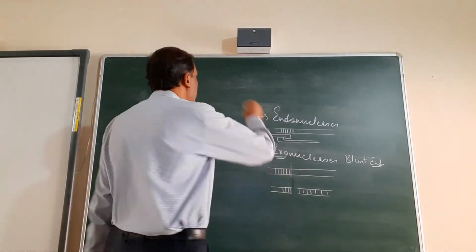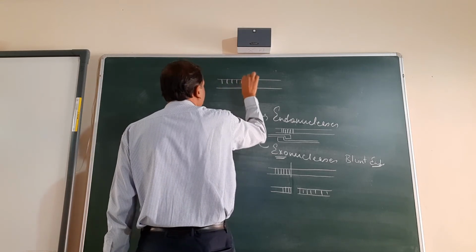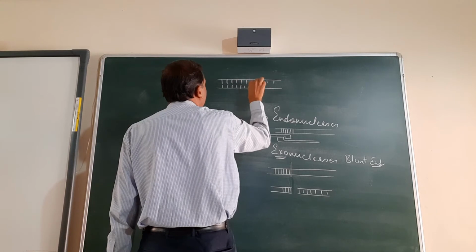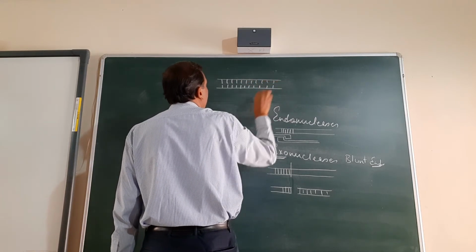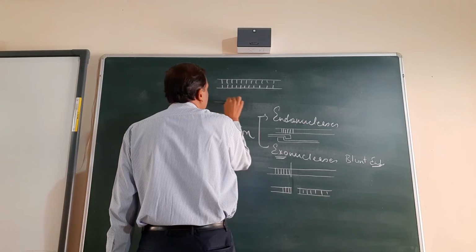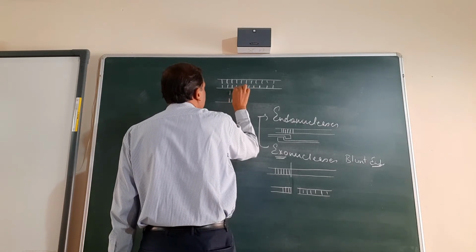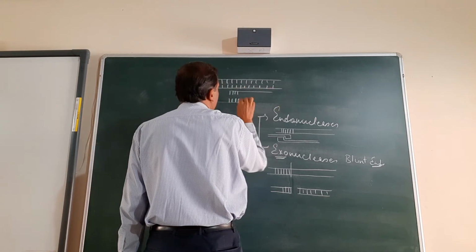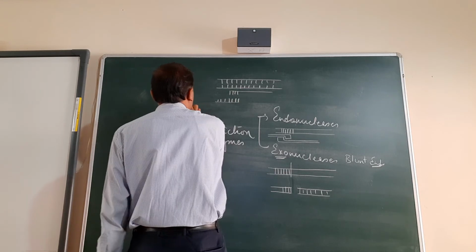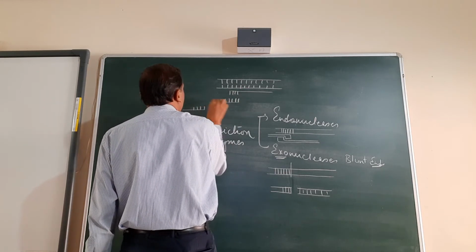So suppose this was the DNA. When it is cut, this will have some sticky end here and this will have some sticky end here. So when they are separated, it will have these sticky ends and that will have another sticky end.